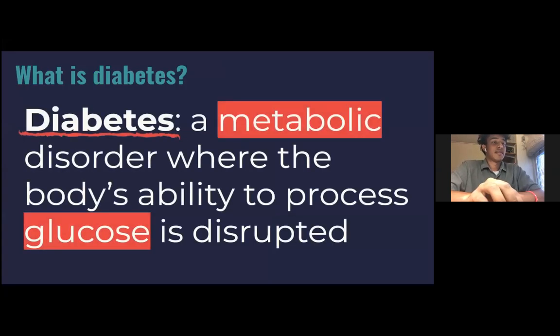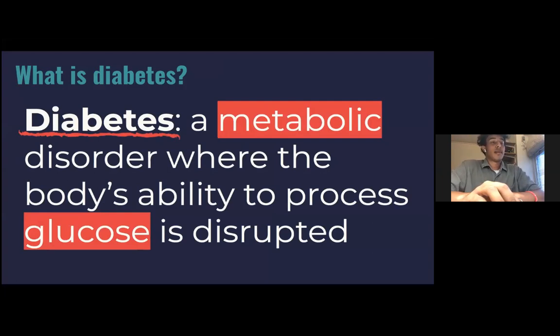Okay, so what is diabetes? A really general definition of diabetes is that it is a metabolic disorder where the body's ability to process glucose is disrupted. And I've highlighted these two really key terms here, metabolic and glucose.